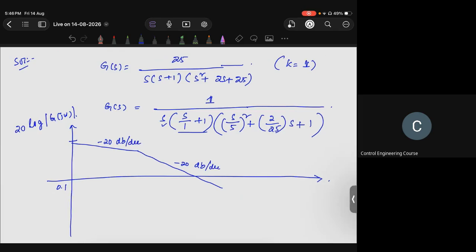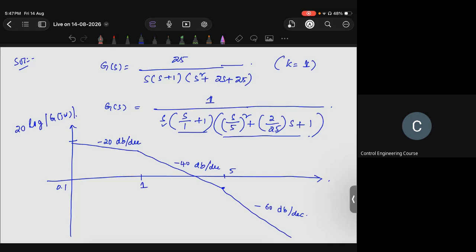Then we have 2 poles here because it is s squared, so here it will be minus 40 plus minus 20, that is minus 60 dB per decade. You can see this. So you can start doing the calculations. This will be at corner frequency 1, and this will be at corner frequency 5. Hope this is clear.